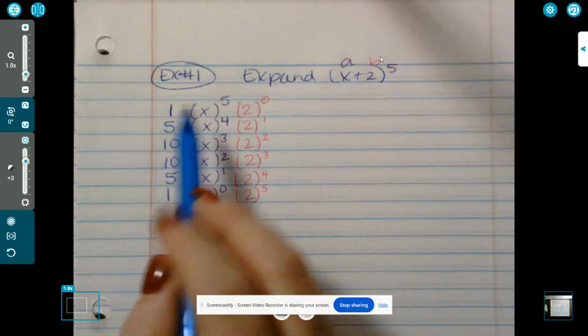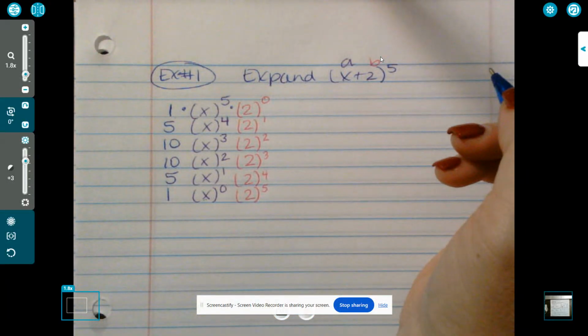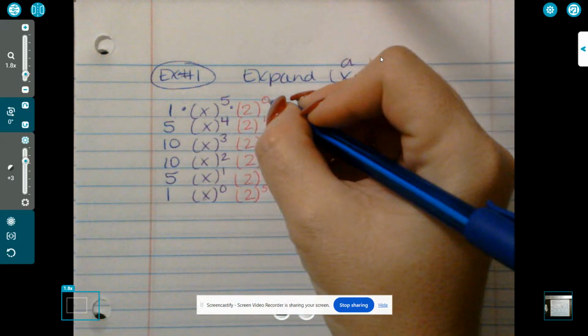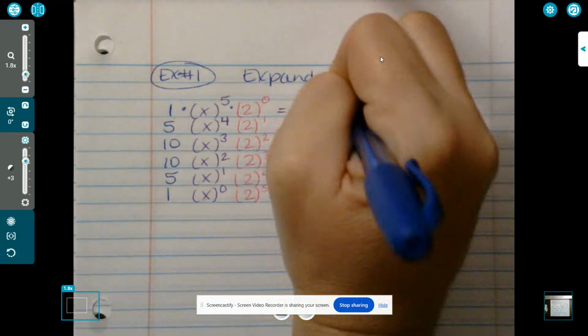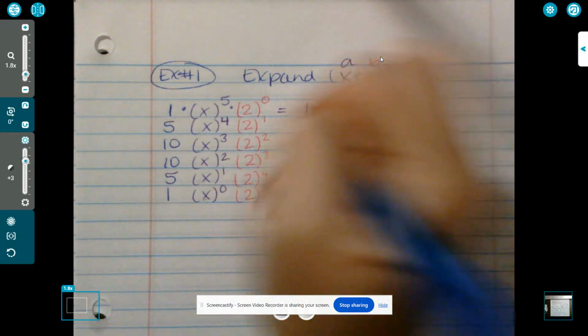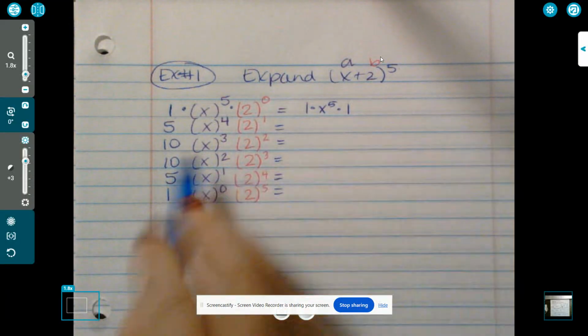All right, so 1 times x to the 5th times 2 to the 0. Okay, so that is the same thing as 1 times x to the 5th times 1. And I'm going to do that for each one of these lines.